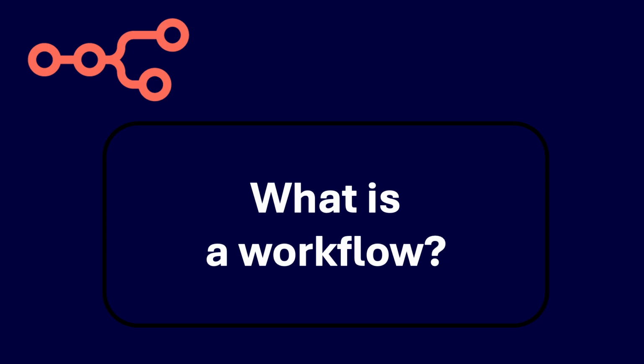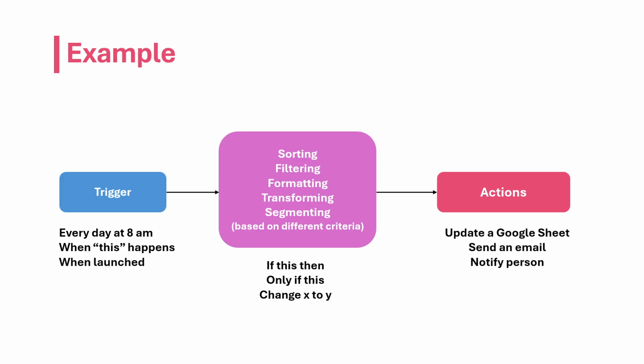It might start with a trigger, then filter data, and then finally perform some actions based on the sorting and transforming of the data in the filter section. For example, if a form is submitted, check if the company is valid or not. If yes, then update the sheet, send a confirmation email, and notify the team. That is one complete workflow.